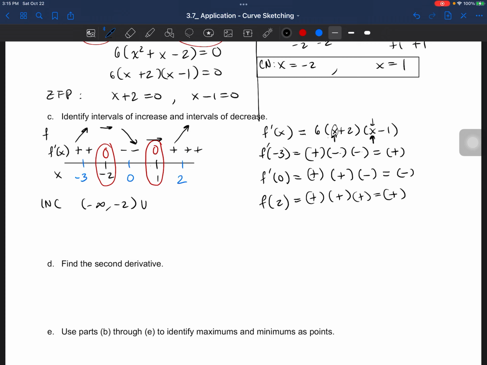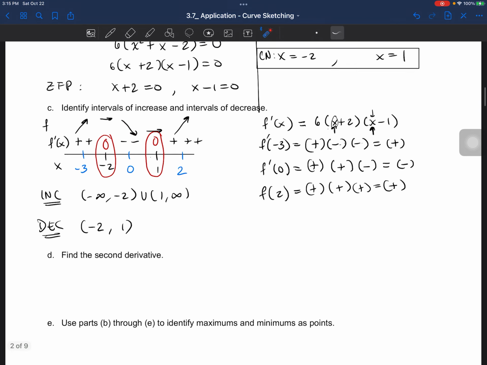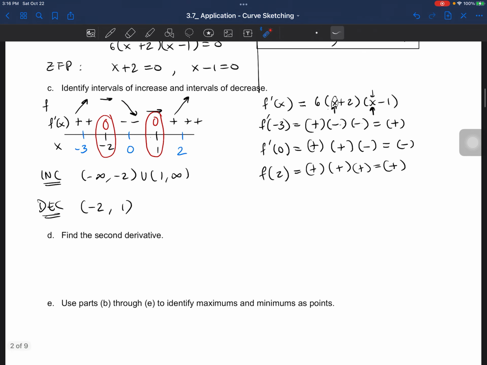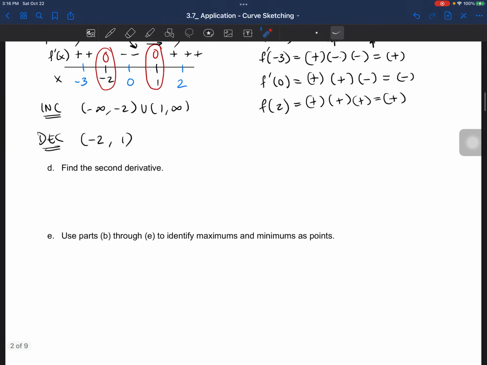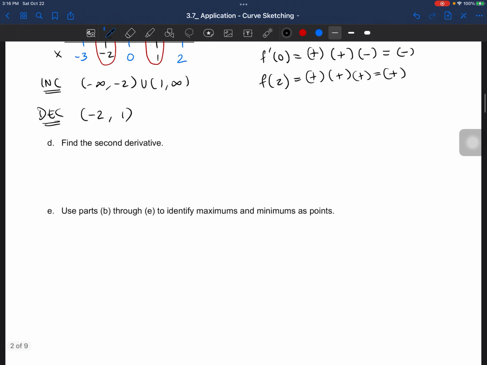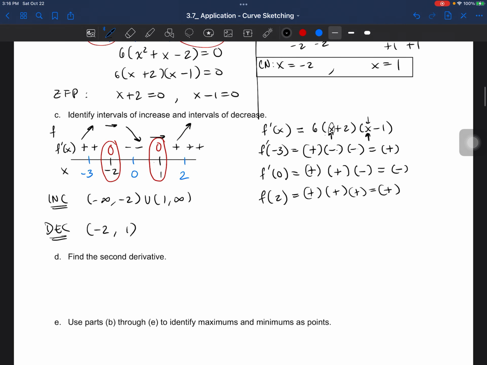And then we jump the other way, and it's going to be from 1 to positive infinity. And then don't forget to put the union symbol. And then it's decreasing between -2 and 1. If you think about it, that's a place where the function is decreasing. And there you go, so we found that part.